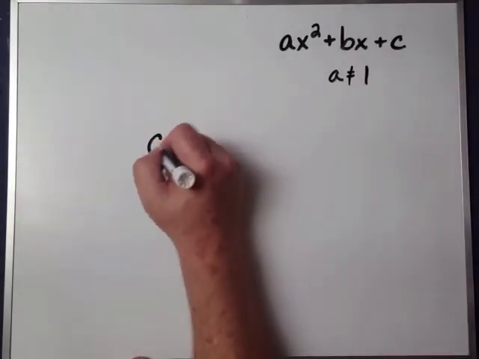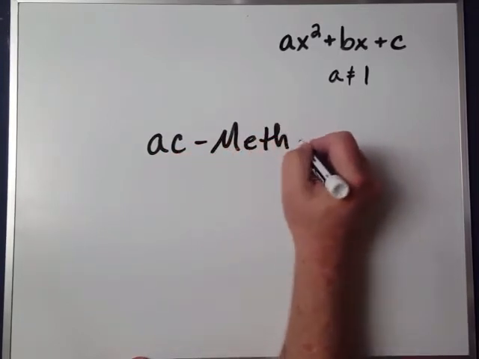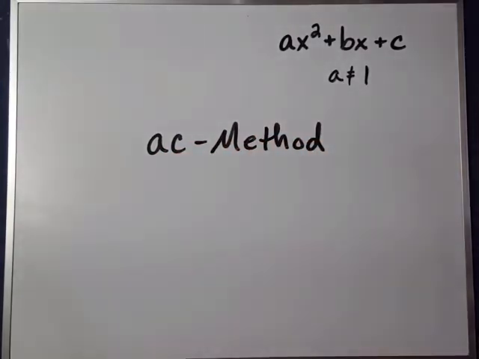And this is called the AC method. In your textbook, she refers to this as factor by grouping, and that's certainly a component of it.